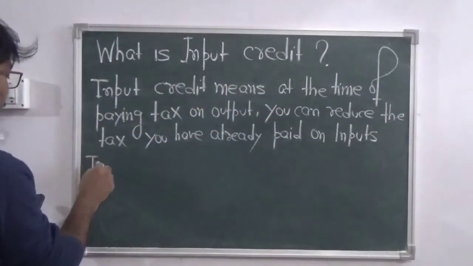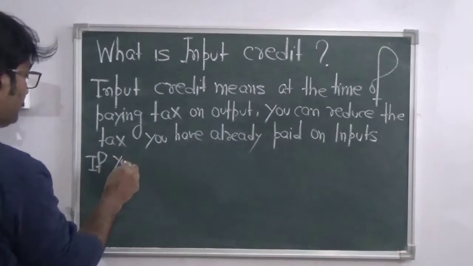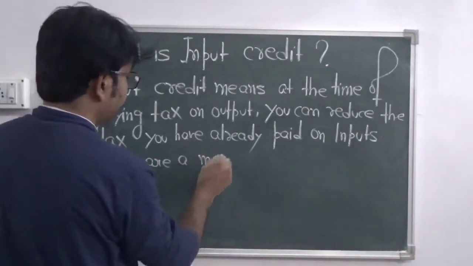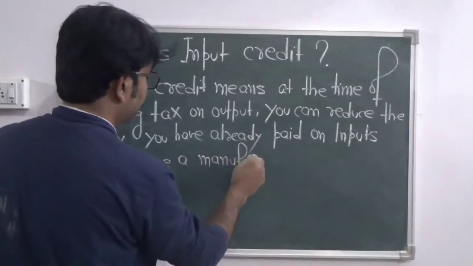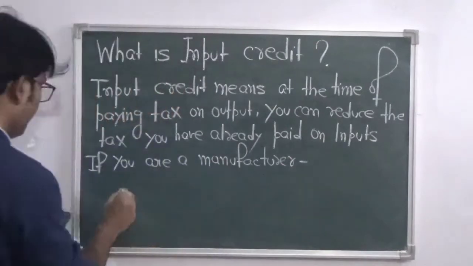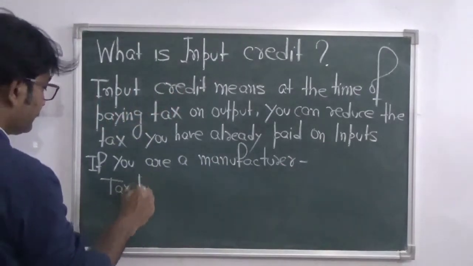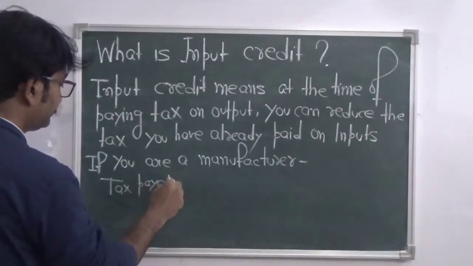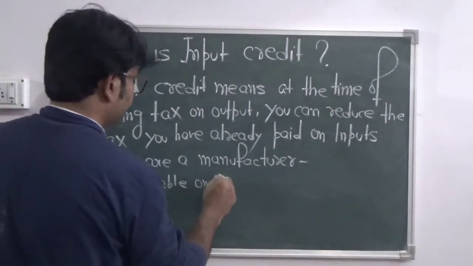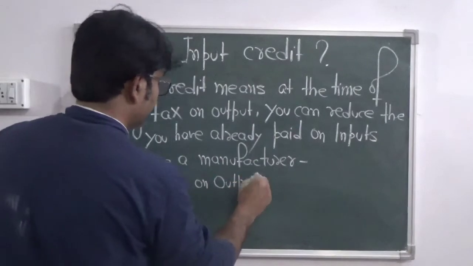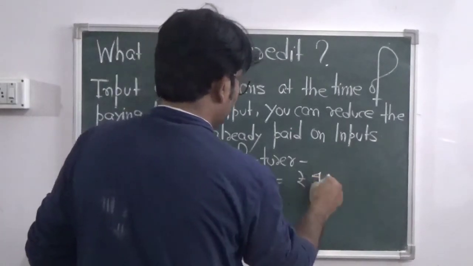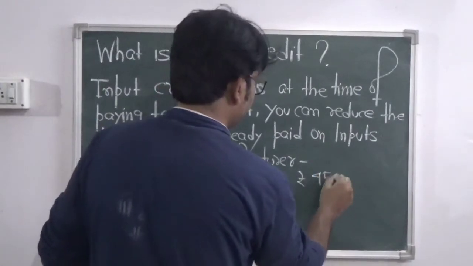If you are a manufacturer, then tax payable on output is equal to rupees 450.